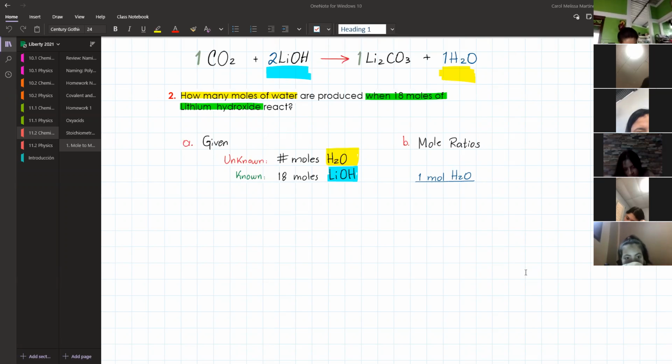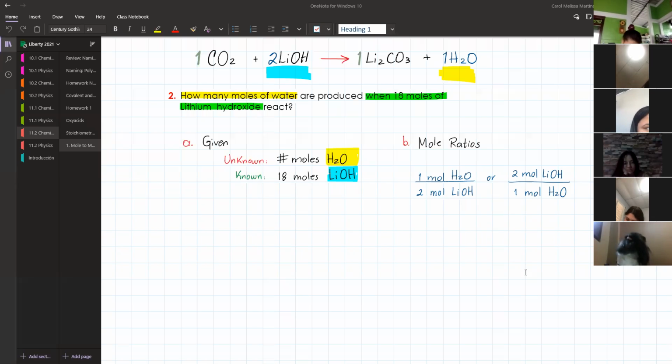So you have to write 2 moles of lithium hydroxide, because you have to consider the coefficients. So you can write it like this, or you can write the LiOH in the top and the water below. It depends on your question. I always write the two, okay? And then I try to choose wisely.